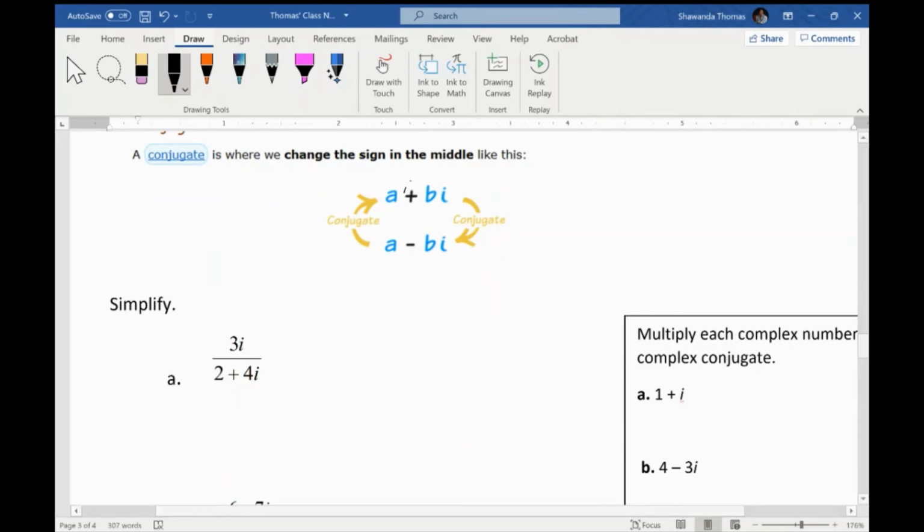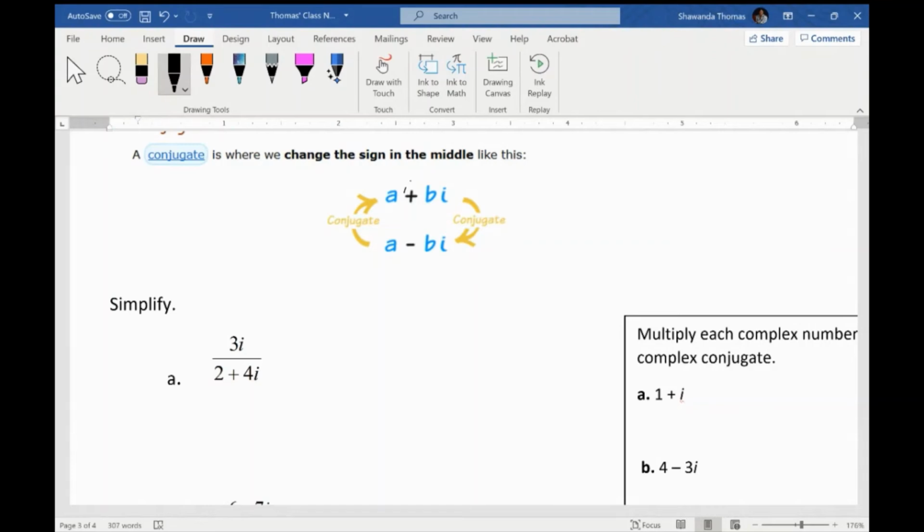Remember when you had radicals in the denominator, what was the rule? If your answer had a radical in the denominator, what do you have to do? We had to get the radical out of the denominator by multiplying the top and the bottom by what? What type of radical?